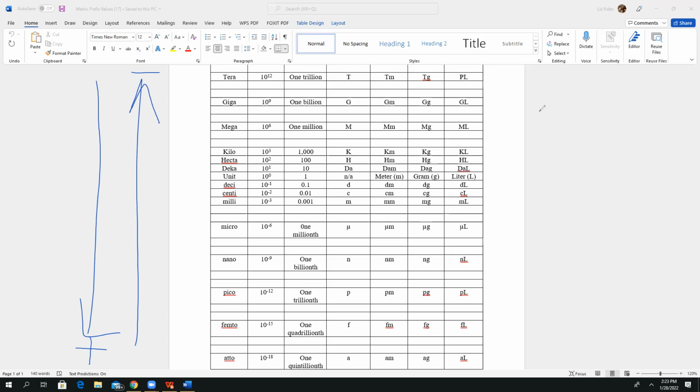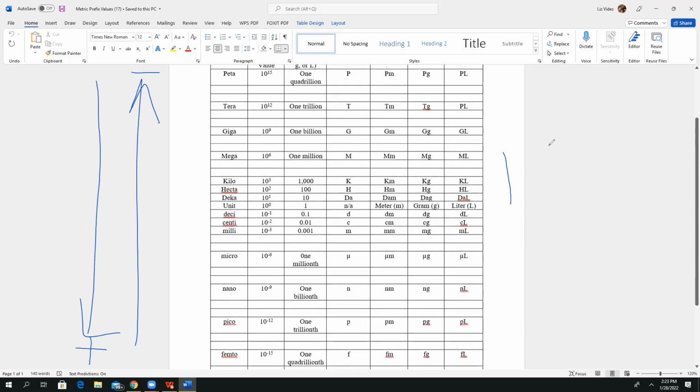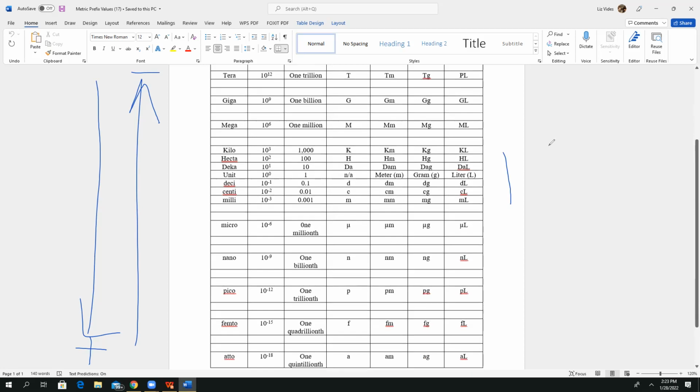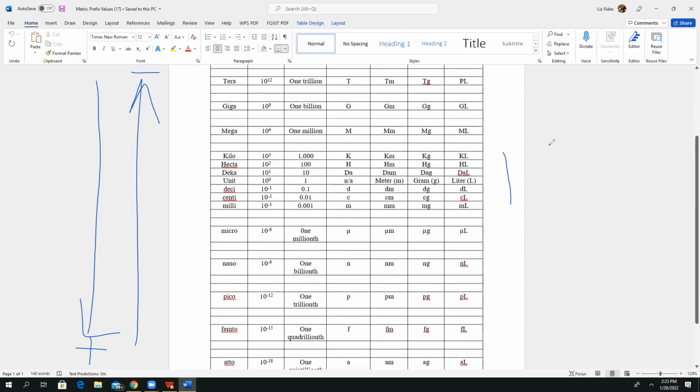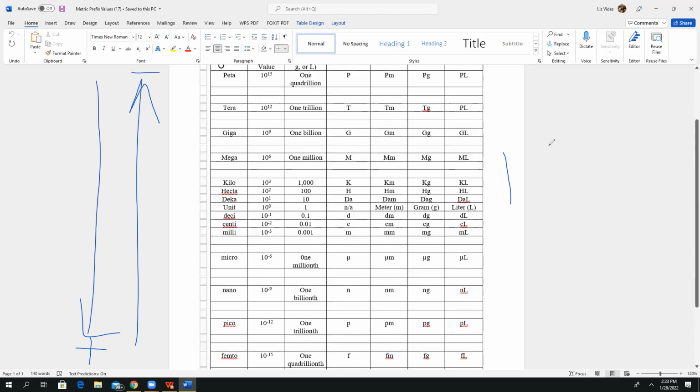All right, so for this, you want to print it out because we've got every single possible prefix. I've gone up to peta because terabytes is something that you can go buy right now. So I figure we stay one ahead and we go all the way to peta.